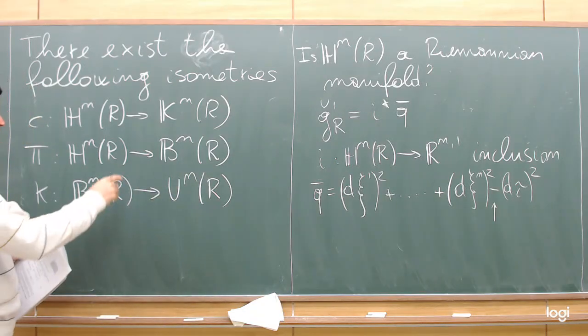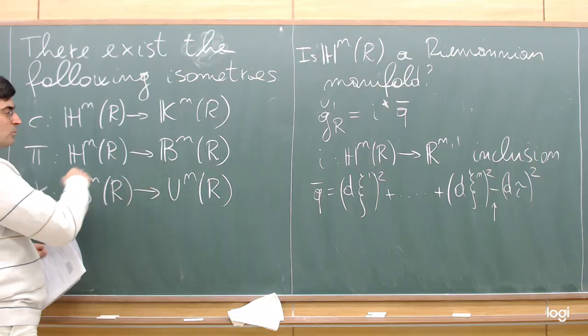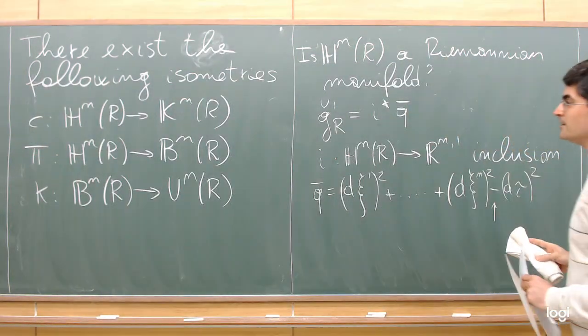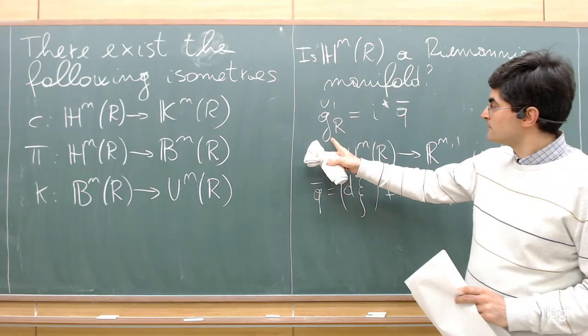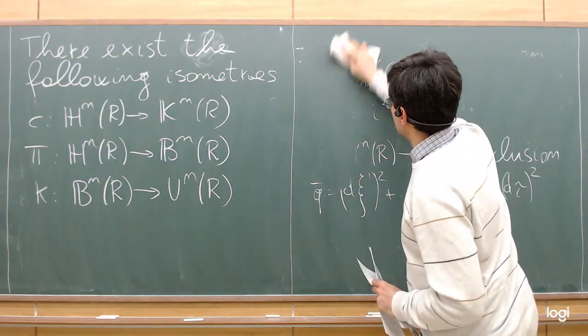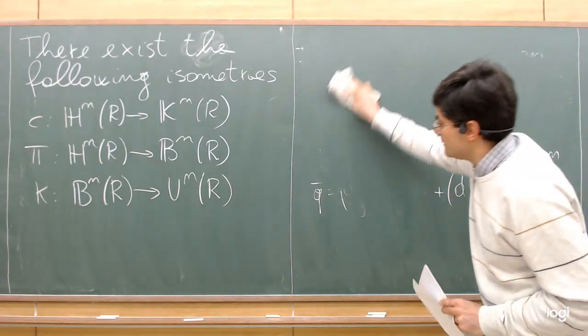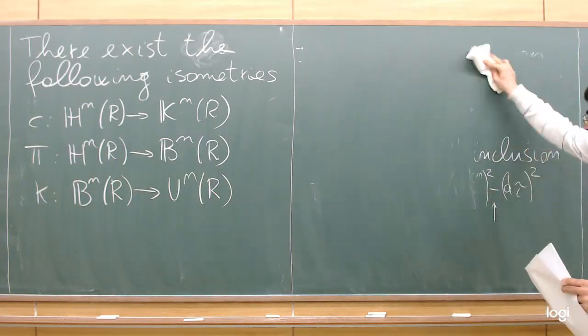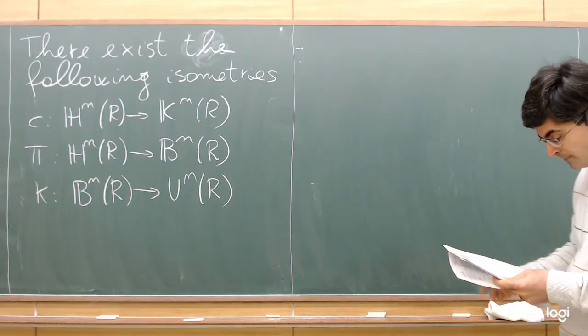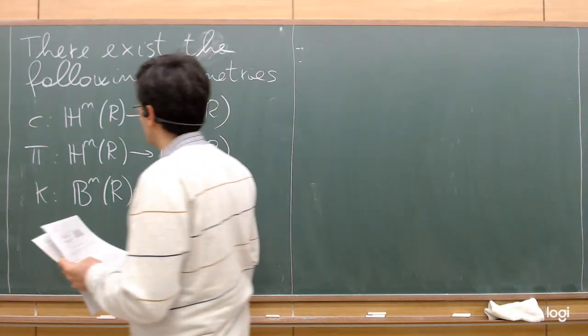Consequently, if you look at the definition of isometry, you conclude immediately that this is a Riemannian metric. What I'm saying will be clear in a few minutes.